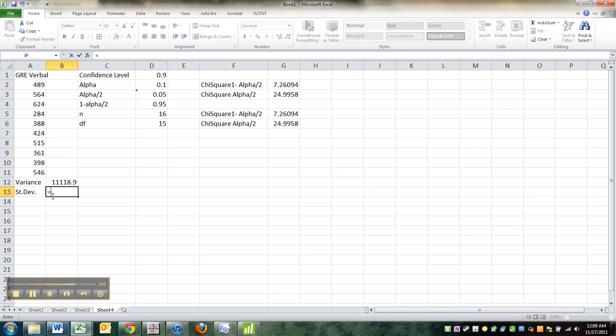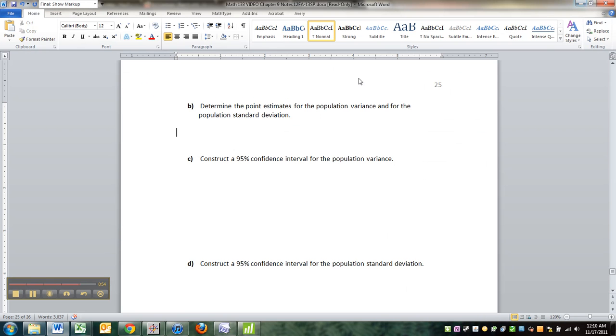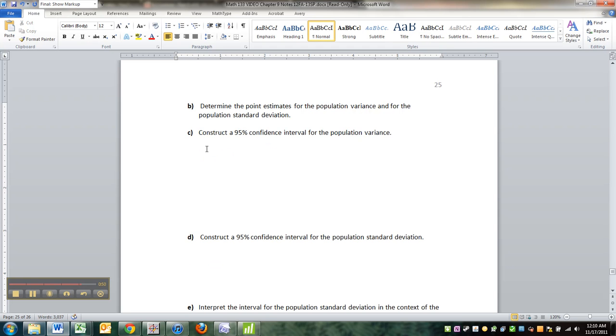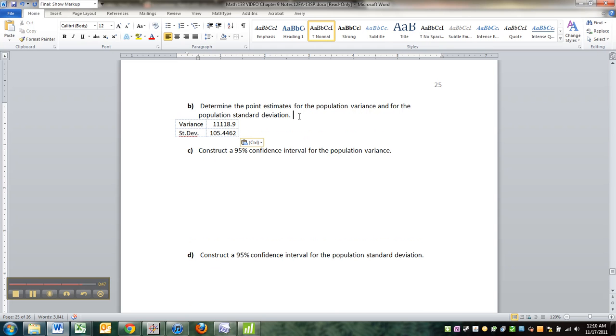There we go. And then standard deviation would be equal STDEV. For me, because I'm in the new Excel, it's just STDEV.S, but if you're in the old, it'll be just STDEV. Remember how we found that way back in chapter 3 for that data? And there we go. So our variance and our standard deviation, those are our point estimates. They're our single best guesses for what sigma squared and sigma respectively will be.